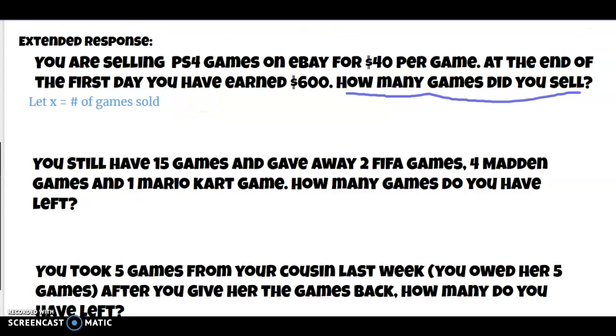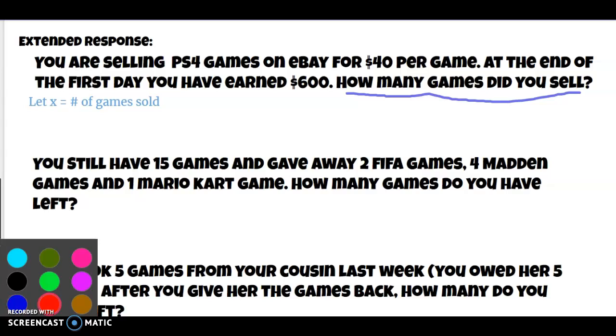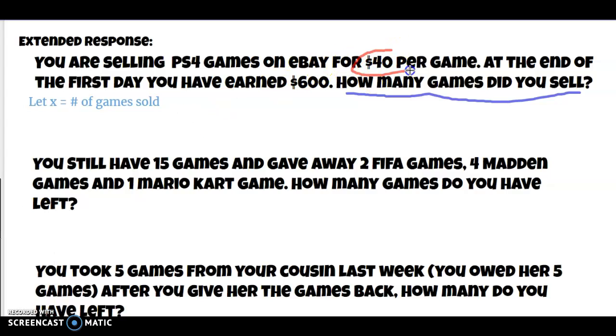All right, so I have two different numbers. Let's take a look at them. I have this number here, which represents $40 that I am earning per game. I've also got my total earned of $600. Well, which one of these two numbers describes the number of games sold? It would be the $40 per game, because the $40 describes how much people are paying per game.